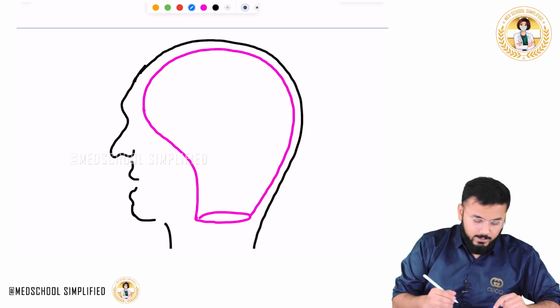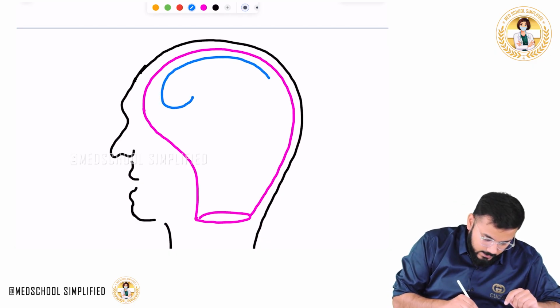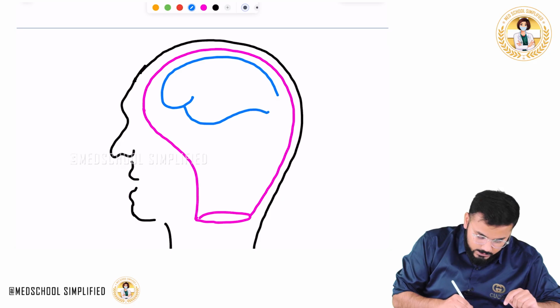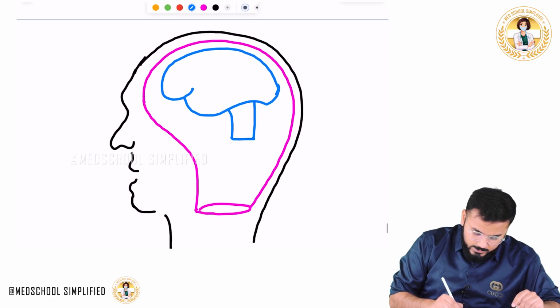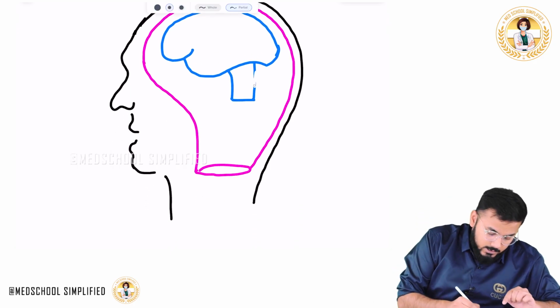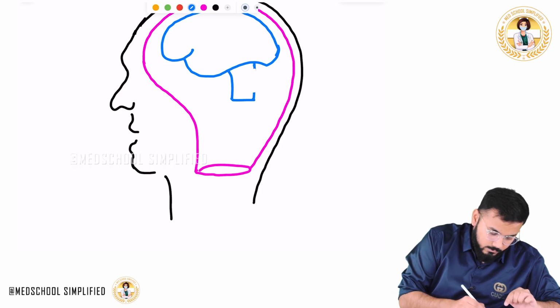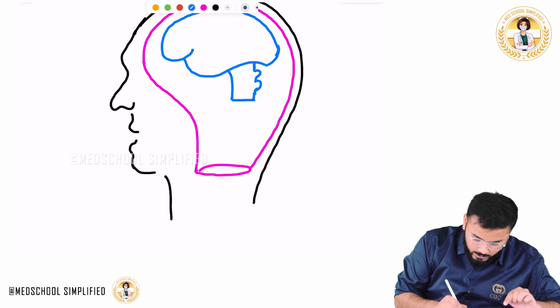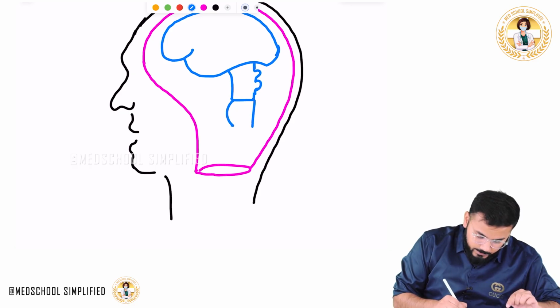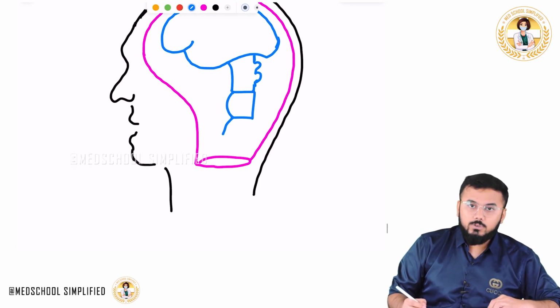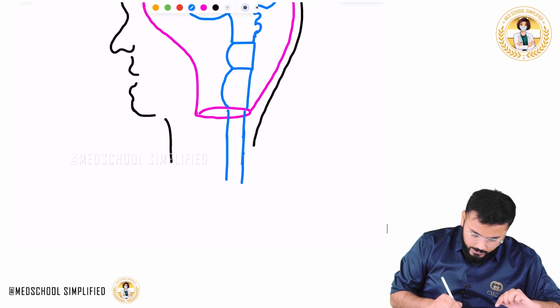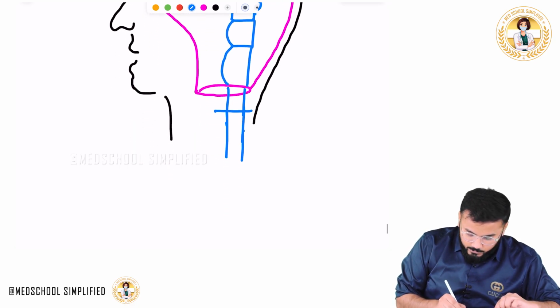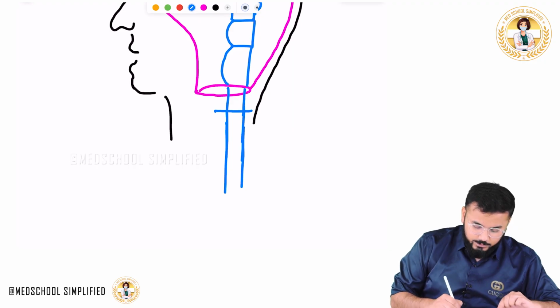Here he has this cerebral cortex, and here his midbrain. Just beneath the midbrain is the pons, and the next important part which I am drawing is your medulla oblongata, which continues down as your spinal cord.